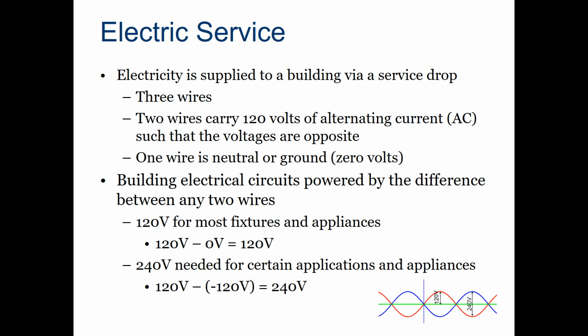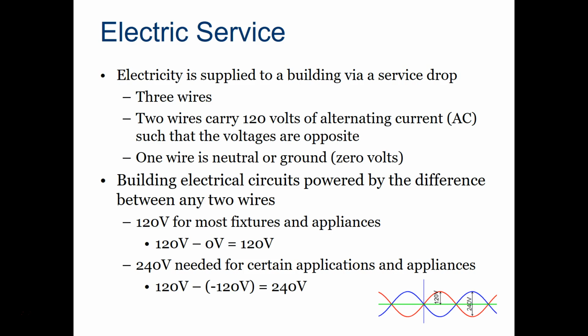That service is 3 wires. 2 of them are carrying what's called a hot leg or a load on the wires. And then the other one is what's called a neutral or a ground. So it actually doesn't carry any voltage on it, but it's the way to travel back to ground.